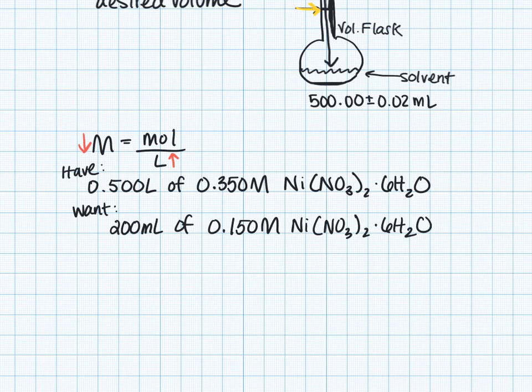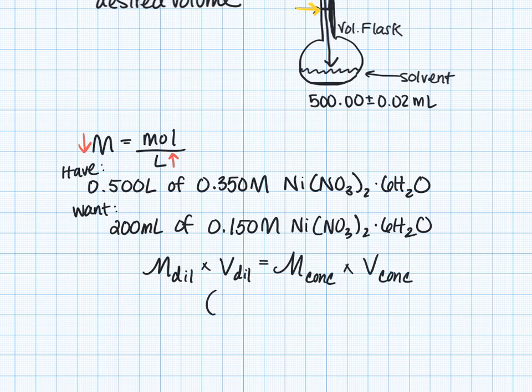Okay, there's a two-part calculation that can be combined into a dilution formula. Looks like this. You might also see it as M1V1 equals M2V2.